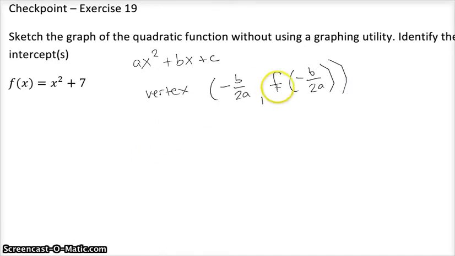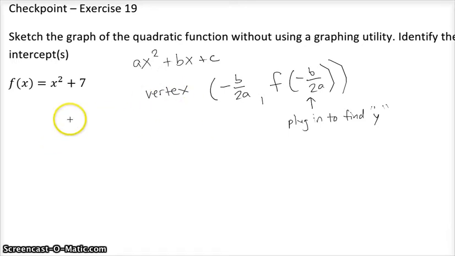So this just gives me a way to find the x-coordinate, and then you plug in to find y.